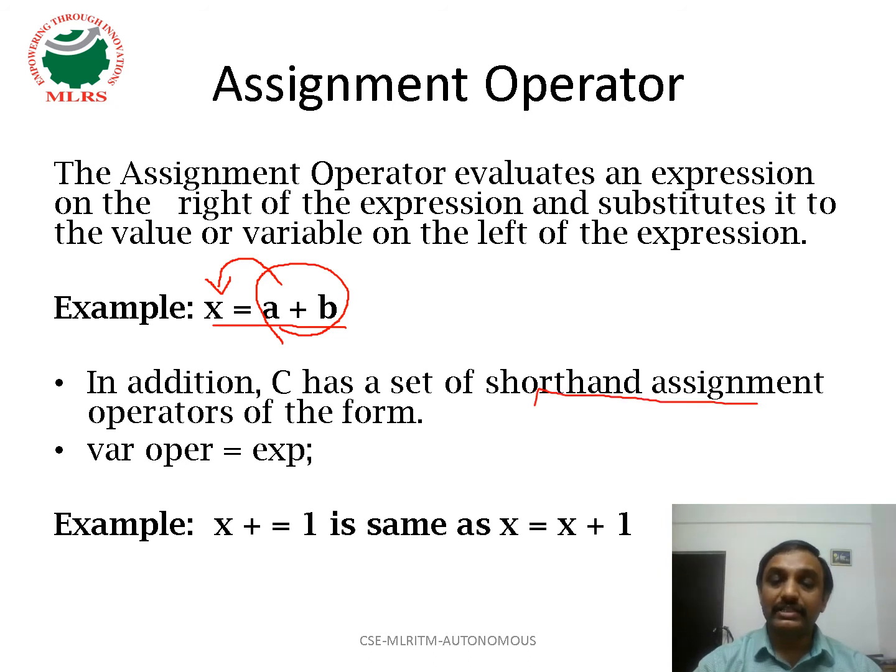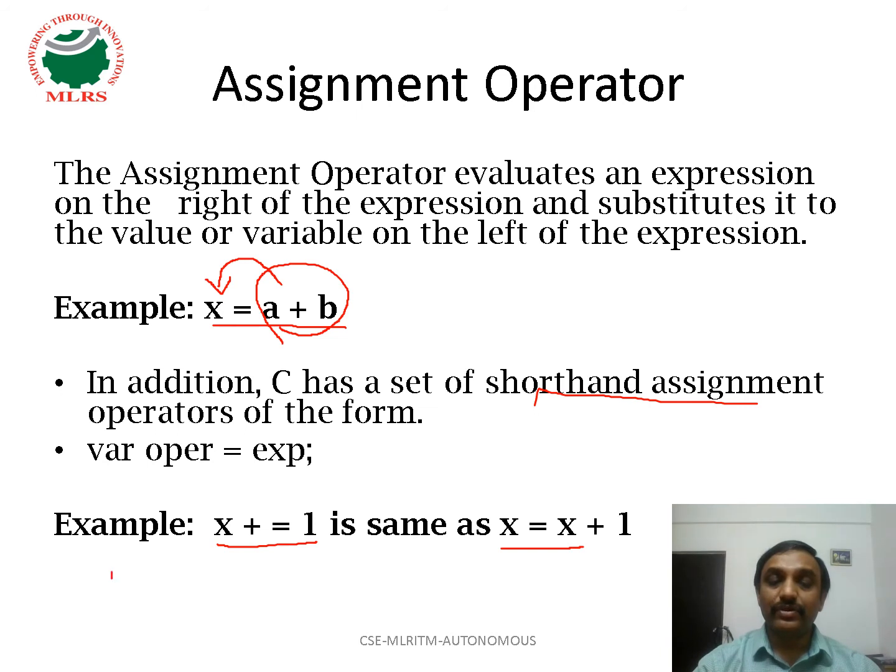You can represent this assignment operator in shorthand form also. If the same variable is present on the left side and right side of the assignment operator, you can rewrite it like this. So here you observe x is equal to x plus 1. So x is present on both sides. That you can rewrite as x plus equal to 1.